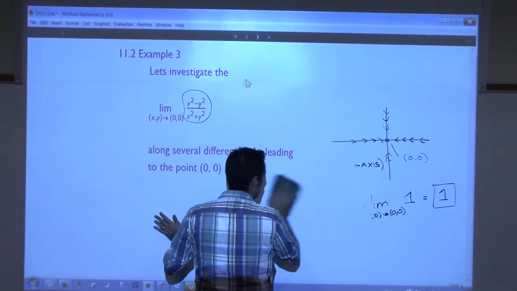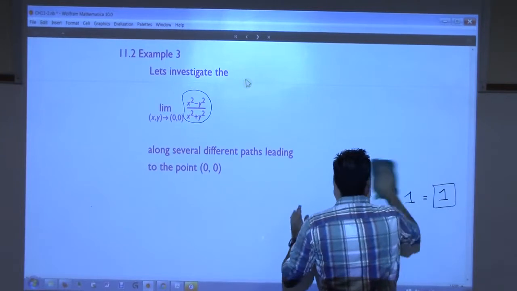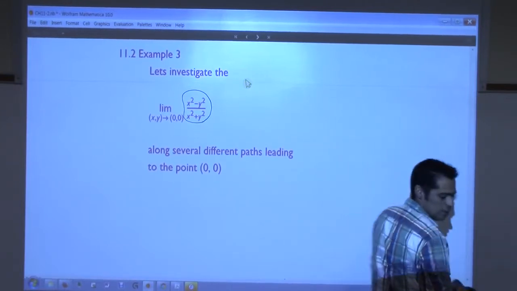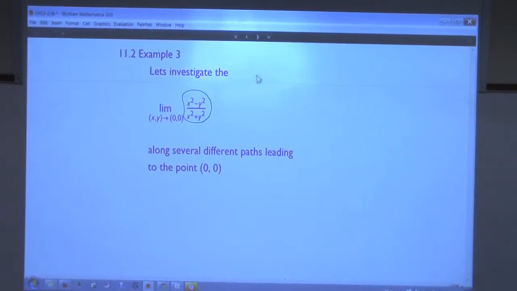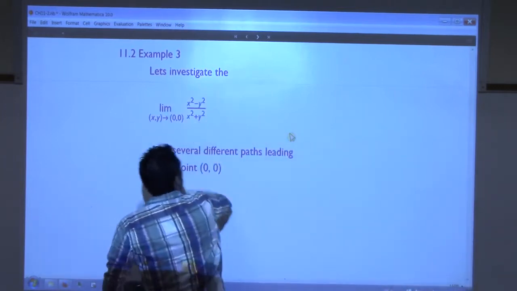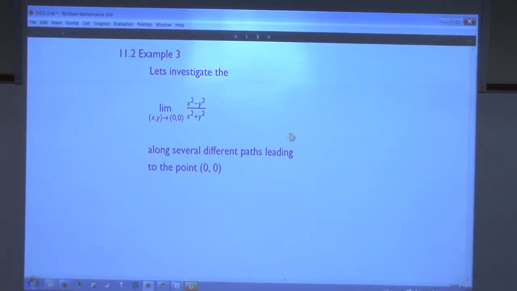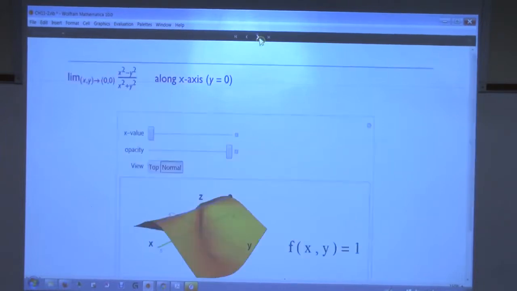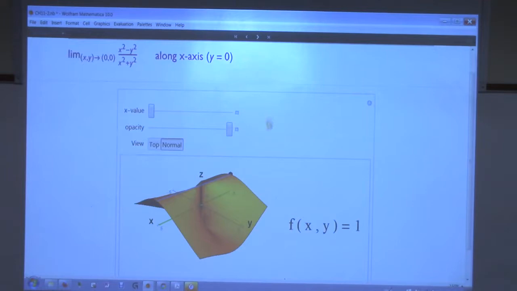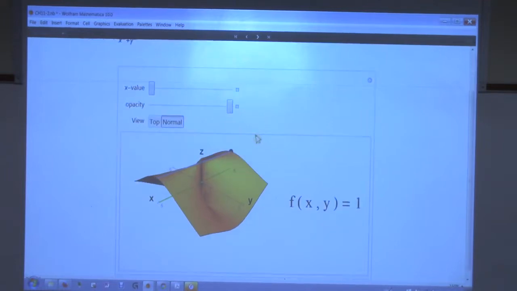All right, so let's take a look at the visual of this. See if you can make sense out of this visual. All right, this is along the x-axis.